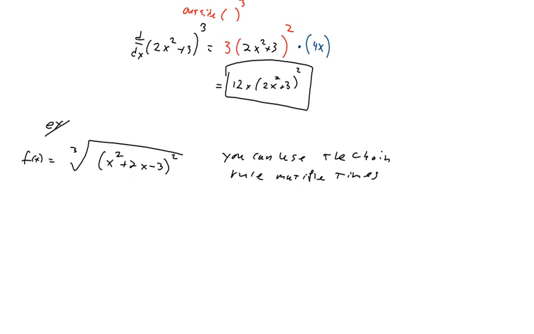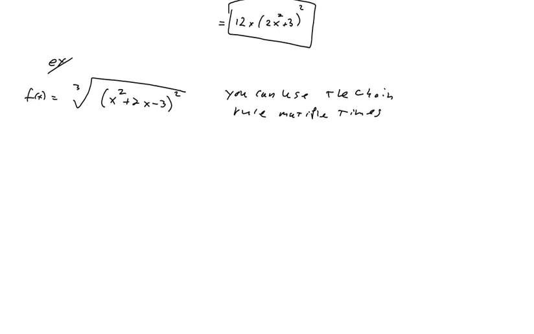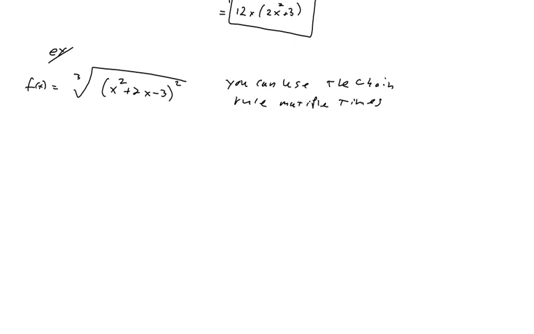If we do d dx of this, well, we know that this cube root is the same as a power rule. So we can say that this is the same thing as x squared plus 2x minus 3 squared to the power of 1/3.